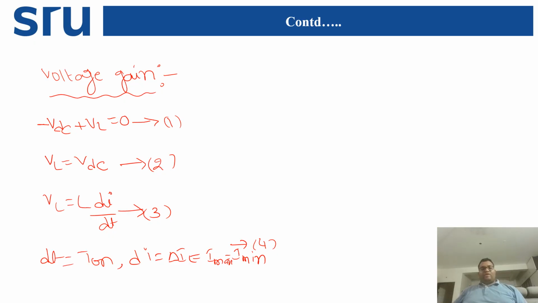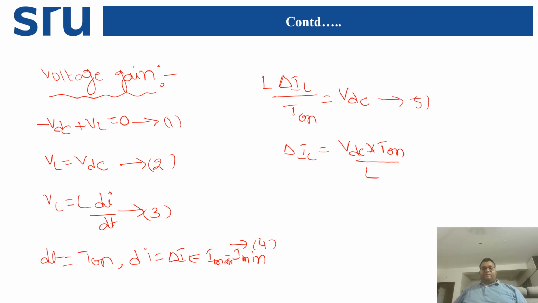From equation 4, we can write VL, that is L into delta IL divided by T on, is equal to the source voltage VDC. From this, delta IL is equal to VDC into T on divided by L. Let us take this as equation number 5 and this as equation number 6.